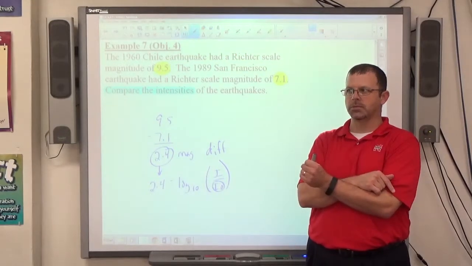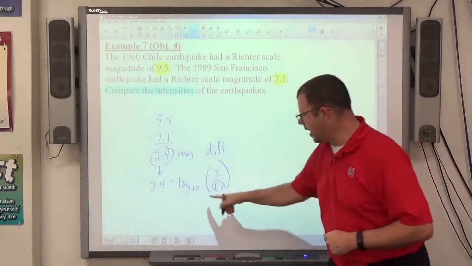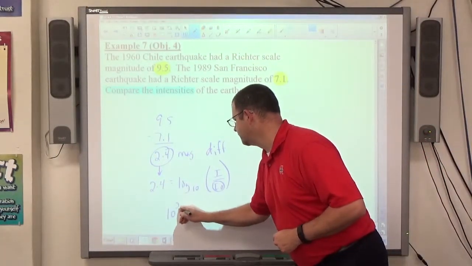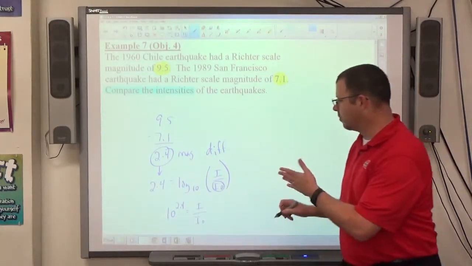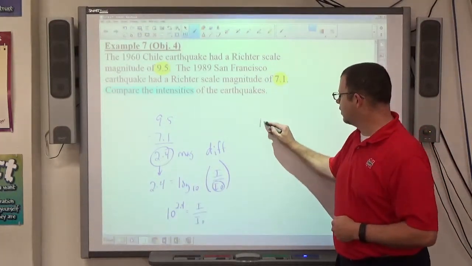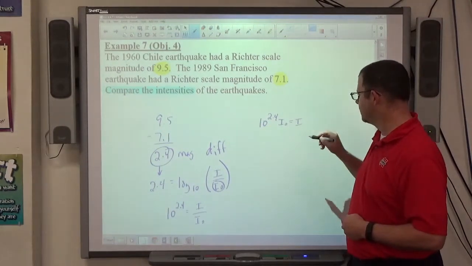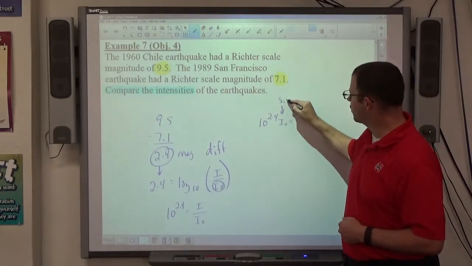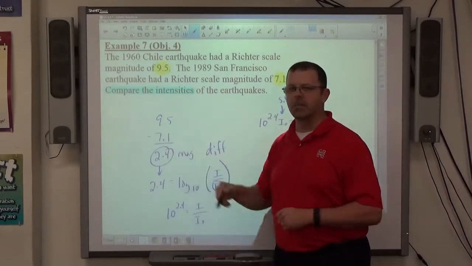All following me here? Okay, so I'm going to get 10 to the 2.4 power is equal to I over I sub 0. Cross multiply, you get 10 to the 2.4 times I sub 0 is equal to I. Again, I sub 0 is San Francisco, I is Chile, because I went to the trouble of finding the magnitude differential.